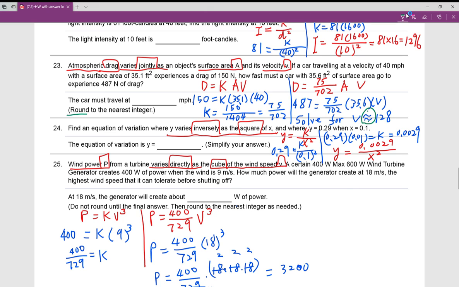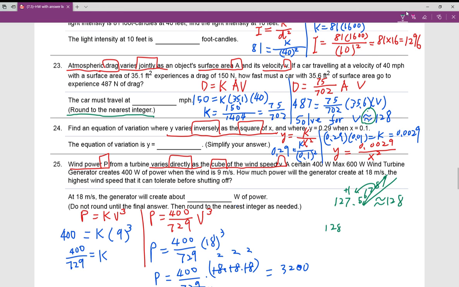Say round to the nearest integer. For example, if you have 127.56789, after the decimal point, if that belongs to this group, then you round up plus 1, so it becomes 128.